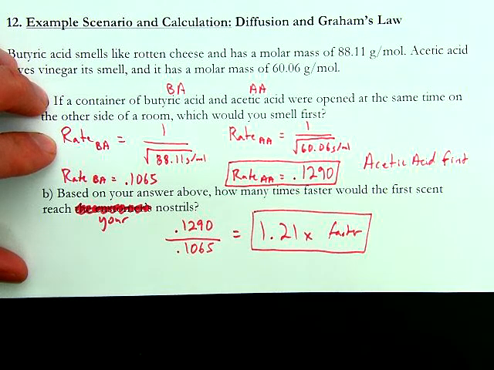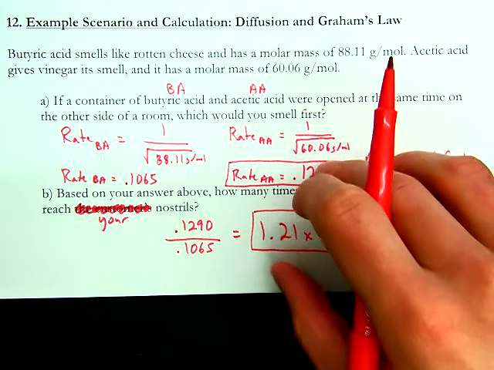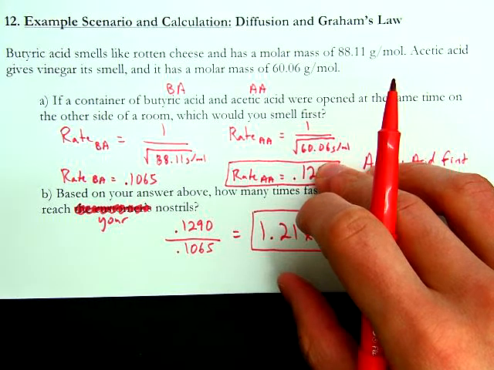So the acetic acid would reach you 1.21 times faster than the butyric acid, or the other way around, butyric acid would take 1.21 times longer to get to you, which the next question is kind of asking.